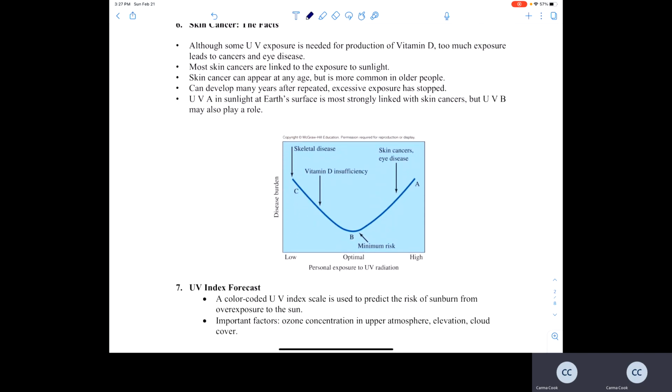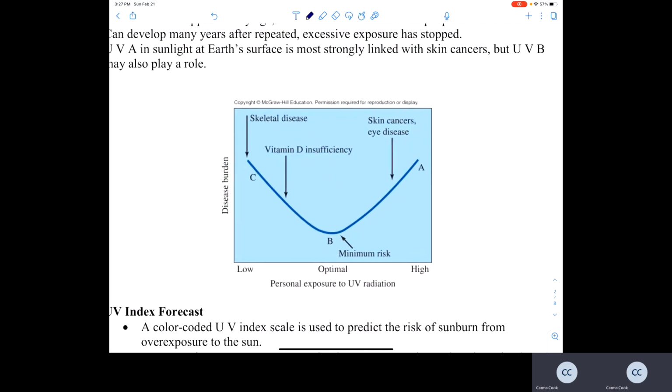And so therefore, you want to be exposed to UV radiation just enough to get the benefits of vitamin D. You don't want to have such low UV exposure that you have a vitamin D insufficiency, and even lower than that can even cause you to have some skeletal diseases if your vitamin D deficiency gets to be extreme. But you also don't want to be highly exposed to UV radiation so that you have skin cancer and eye disease risk.